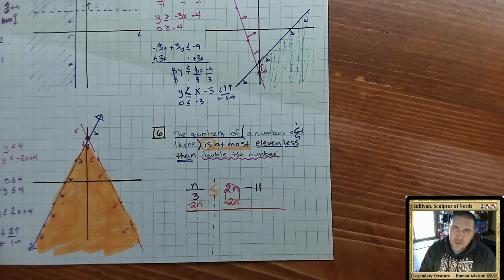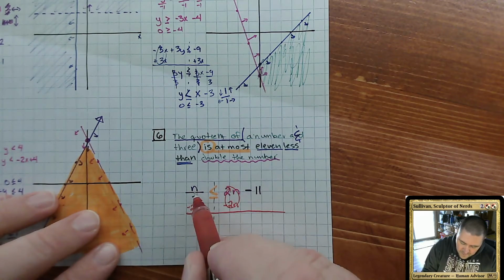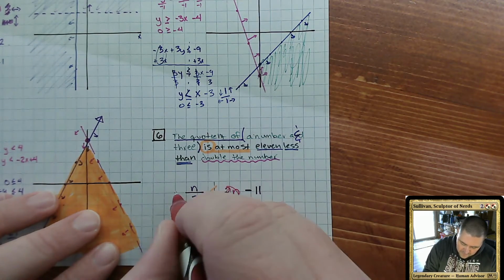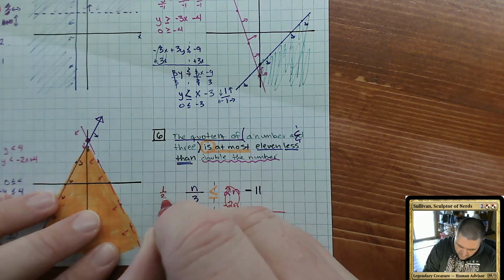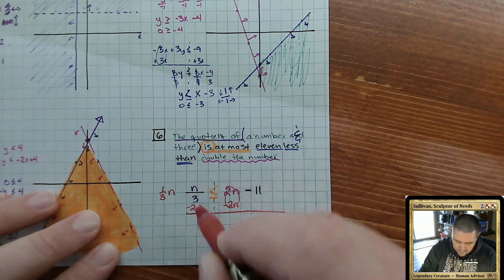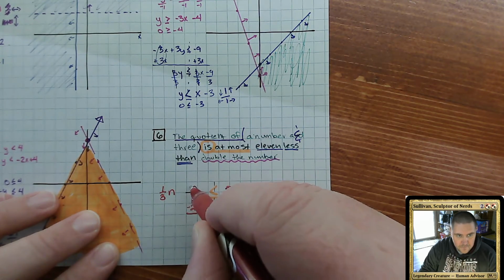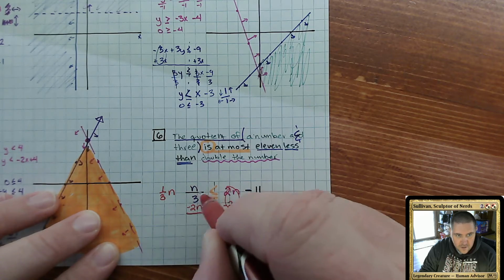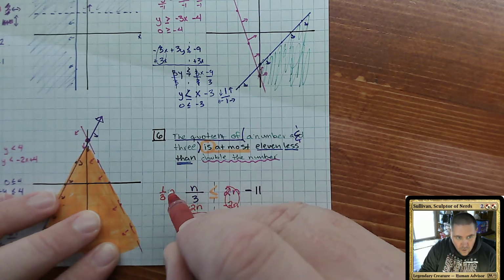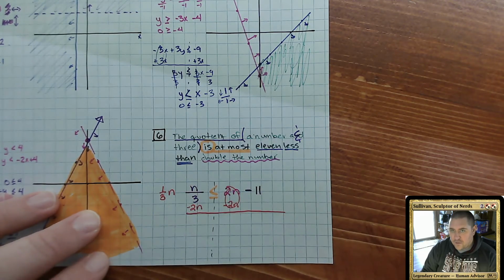Now, this looks tough, right? We're not used to seeing n over 3 or x over 3. So maybe we need to write this as 1/3 n. Remember there's an invisible 1 right here. So 1 over 3 n. So 1/3 n minus 2 n's.